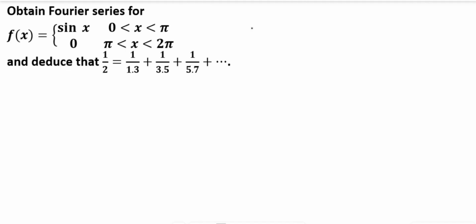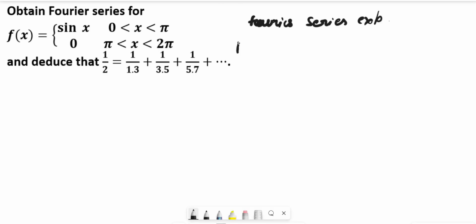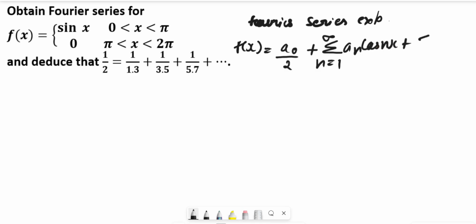To solve this question, we should remember the formula for the Fourier series expansion, which is f(x) = a naught upon 2 plus summation n = 1 to infinity a_n cos nx plus summation n from 1 to infinity b_n sin nx.